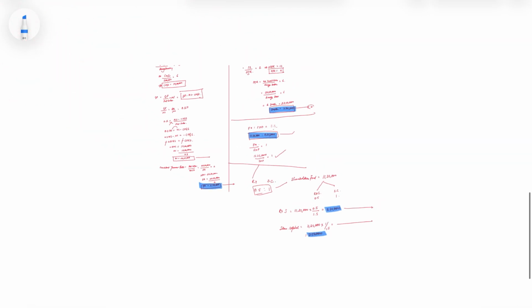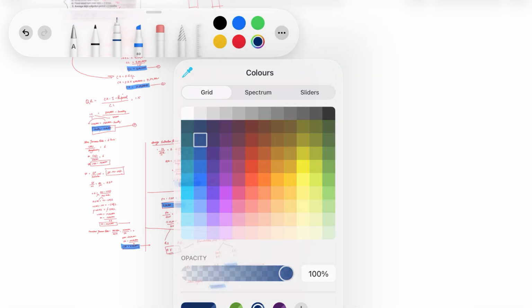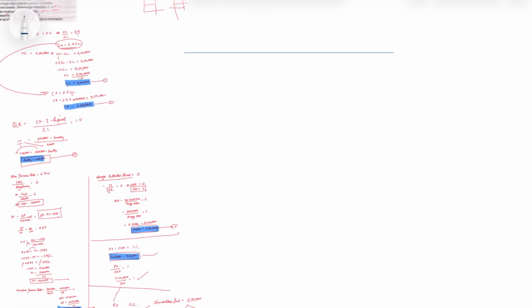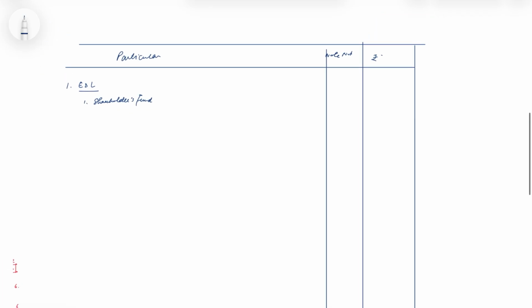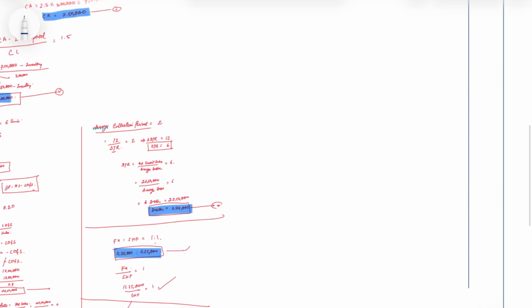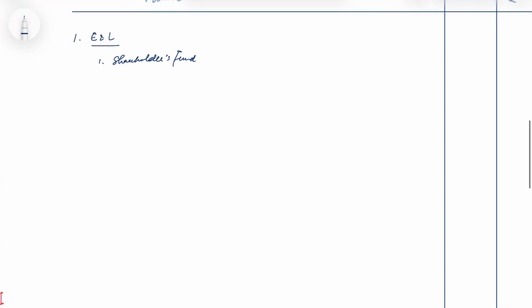Let's try to show the balance sheet and check the missing information. Suppose this is the balance sheet, with particulars, amount and note numbers. Under equity and liabilities, the shareholders' fund total is 11 lakh 25,000.